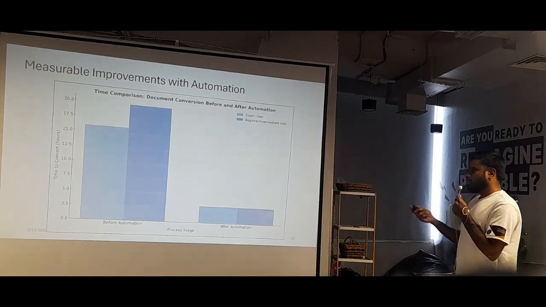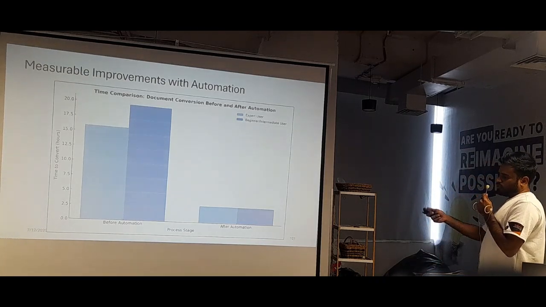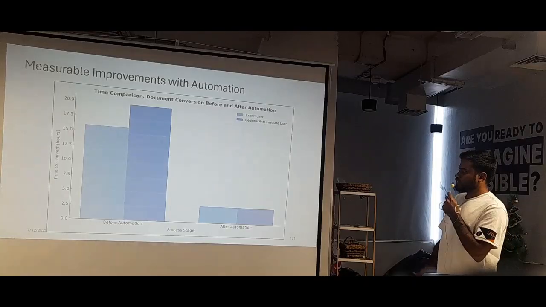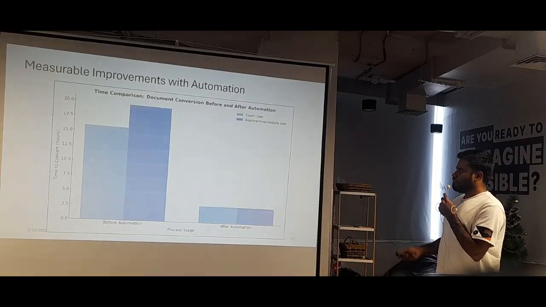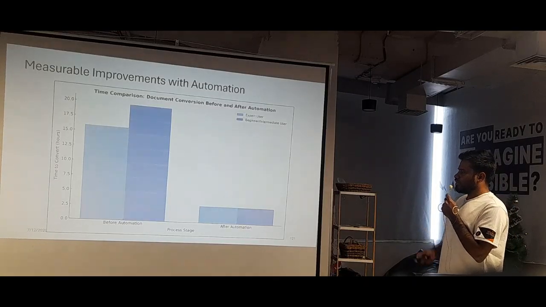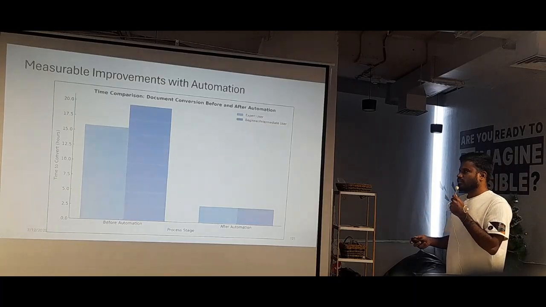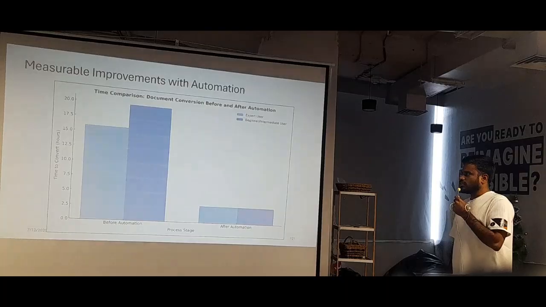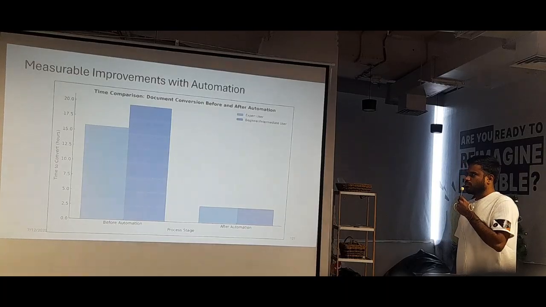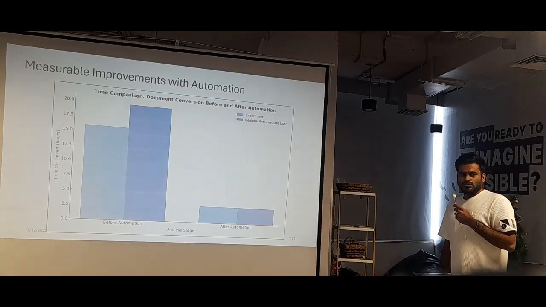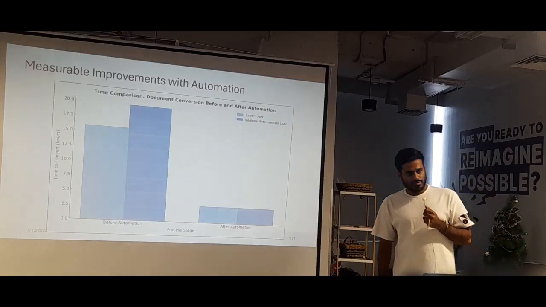But after automation, irrespective of the user's knowledge level, anyone can complete this task within 3 to 4 hours. So we don't want to spend much effort on it. The end result is that we are getting our work done very efficiently, reducing the manual work by 73%. That's all I have.